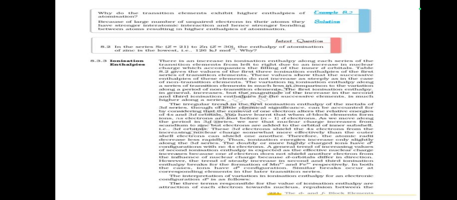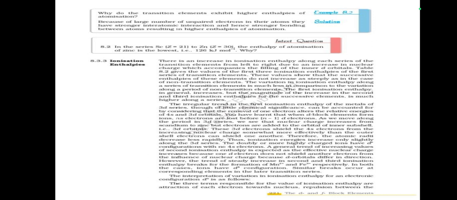You have learned that when d block elements form ions, ns electrons are lost before (n-1)d electrons. As we move along the period of the 3d series, the nuclear charge increases from scandium to zinc, but electrons are added to the orbital of an inner subshell.